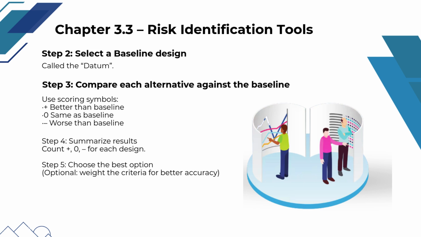After comparing all options, the results are summarized by counting the number of pluses, zeros, and minuses for each design, which provides a clear visual of strengths and weaknesses. Finally, the best option is chosen based on these scores, and for greater accuracy, the criteria can be weighted to reflect their relative importance, ensuring that the selected design is both effective and aligned with customer requirements.